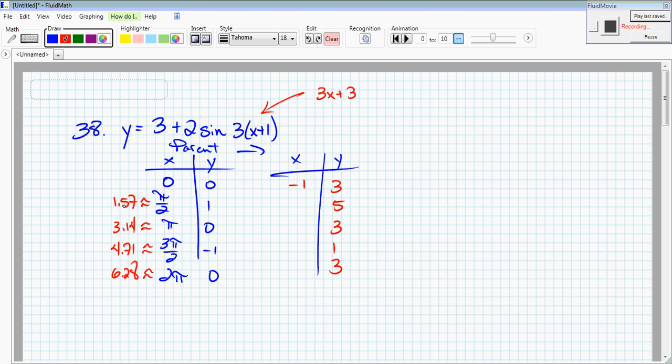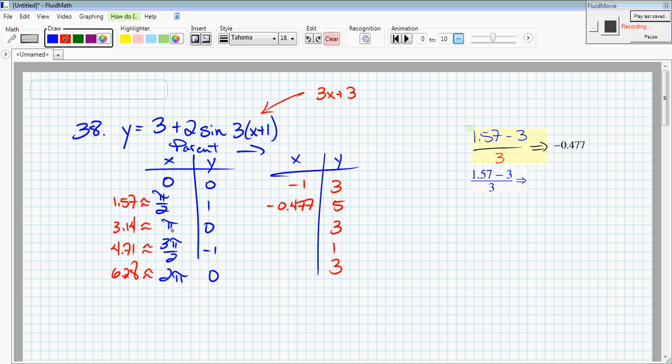So here, when we subtract 3, 1.57 minus 3 divided by 3 gives us approximately -0.477, which would be pi over 2 minus 3 divided by 3.